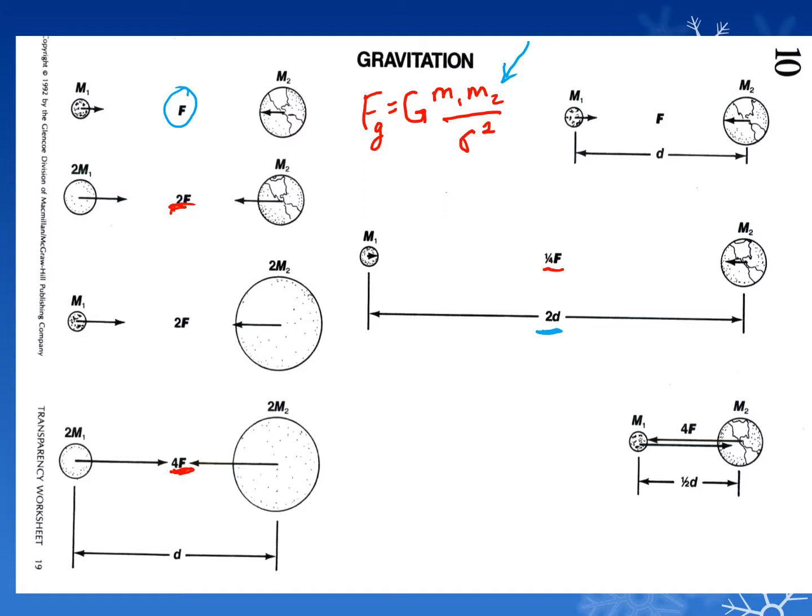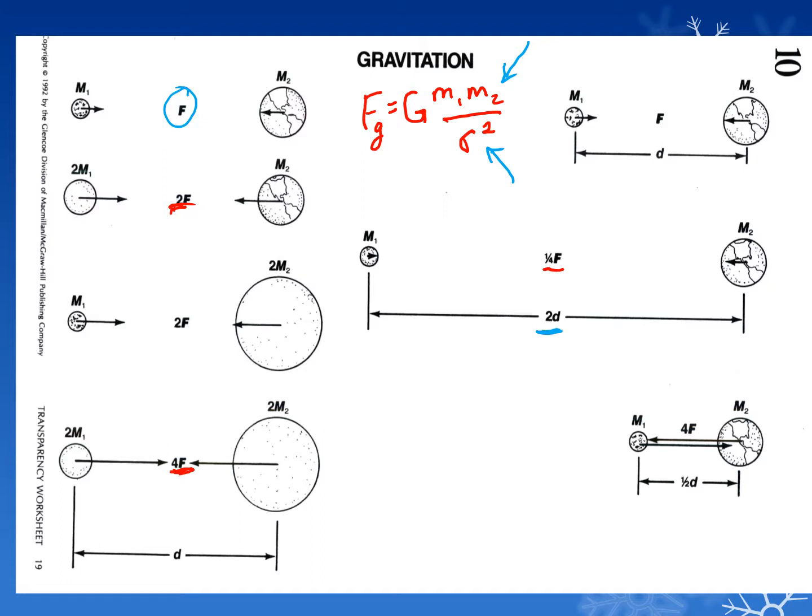That's because distance is at the bottom of a fraction. So the bigger the denominator of a fraction is, the smaller the number itself is. So if you have 1/2 of something, or 1/5 of something, 1/5 is smaller than 1/2.